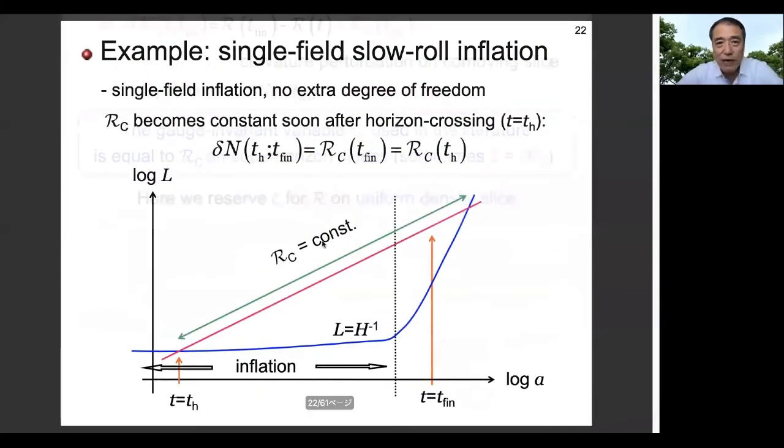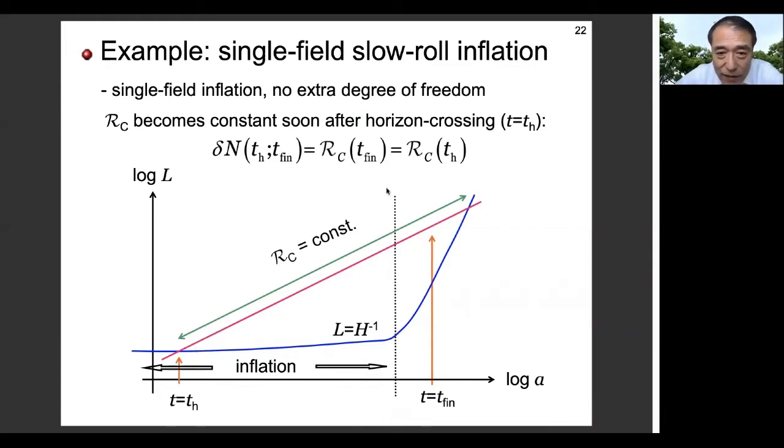Okay, so now let me go to a simple example, single field slow-roll inflation, and this is very easy to understand, because everything is in some sense adiabatic from the beginning.